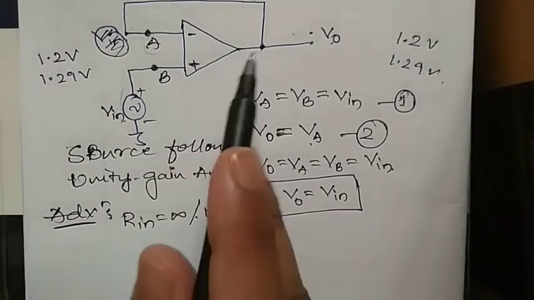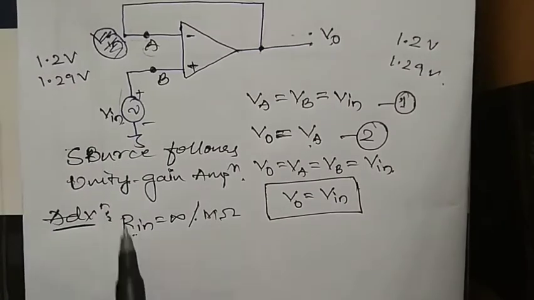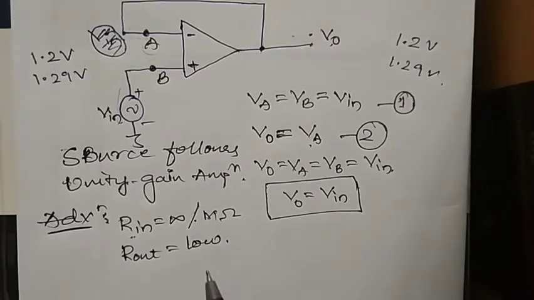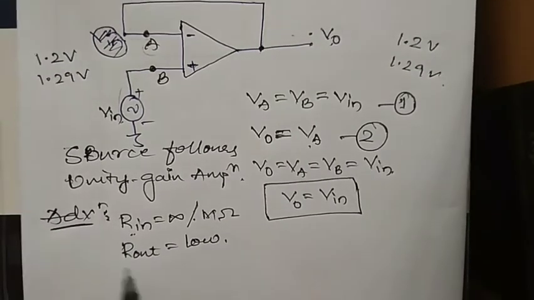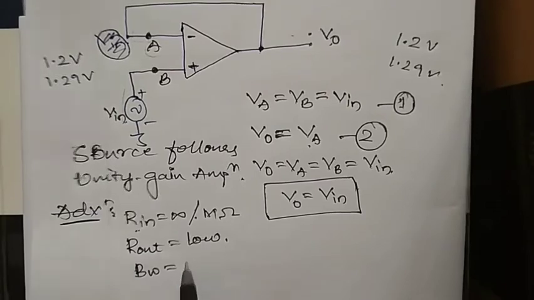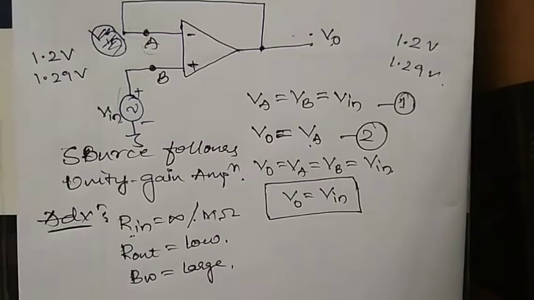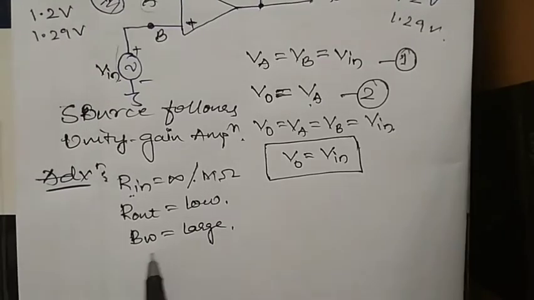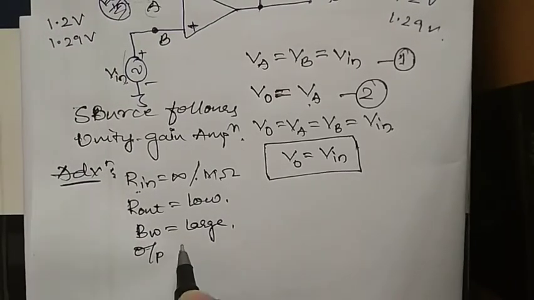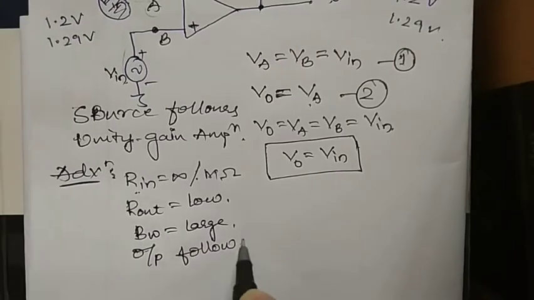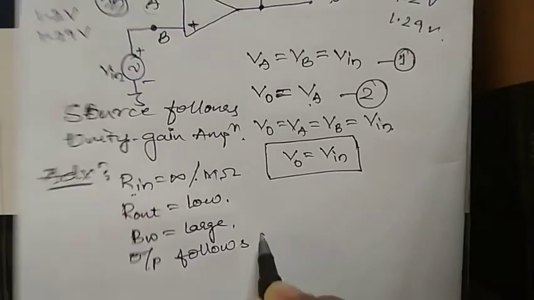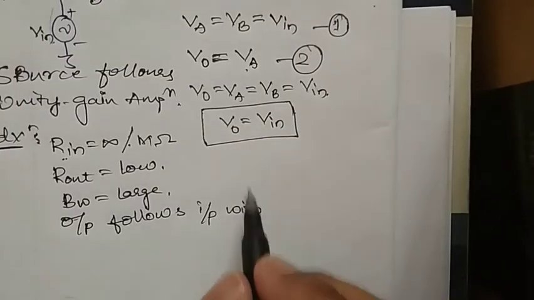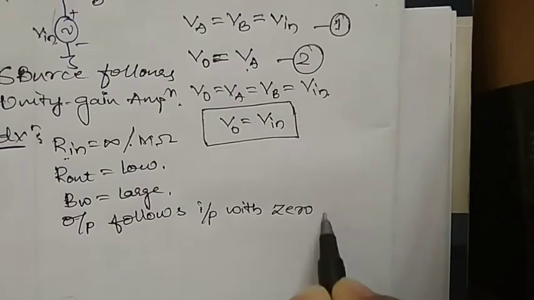So it increases the input impedance, and your output impedance is low. It must be low. The bandwidth is large, ideally defined as infinity, and your output follows the input with zero phase shift.